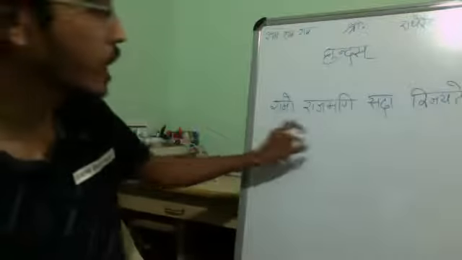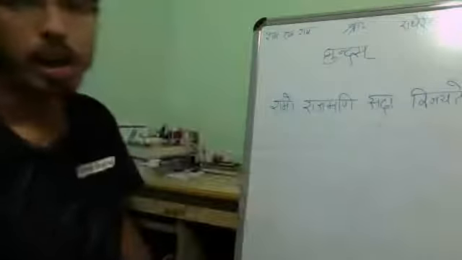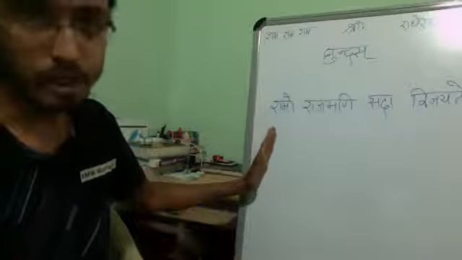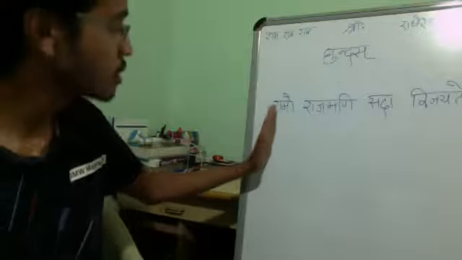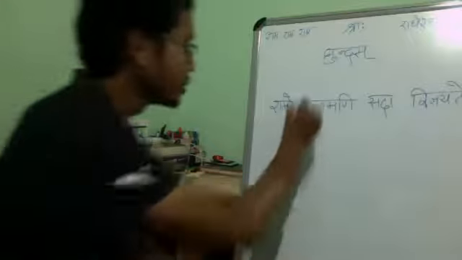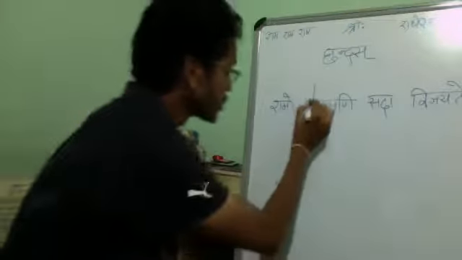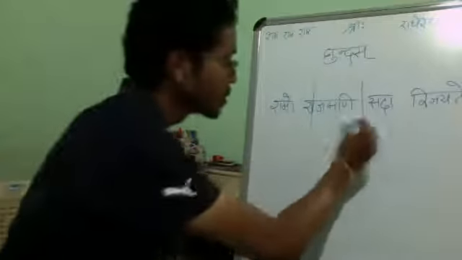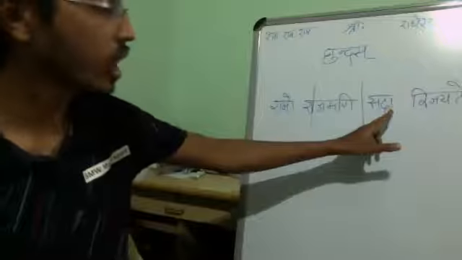So here you can see that Ramo Rajamanihi Sada Vijayate. What a Gana does is, you take 3 complete letters. So Ra, Mo, Ra. Split it. Ja, Ma, Nihi. Sa, Da, Vi. Ja, Ya, Te.